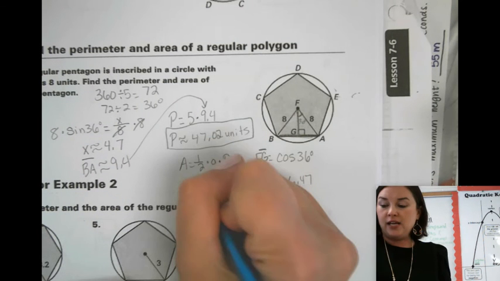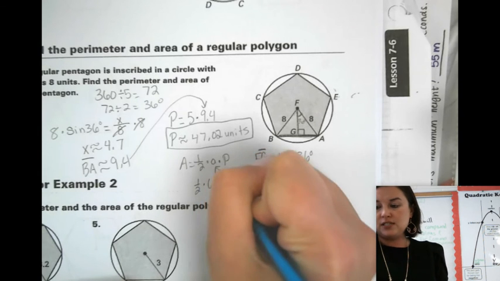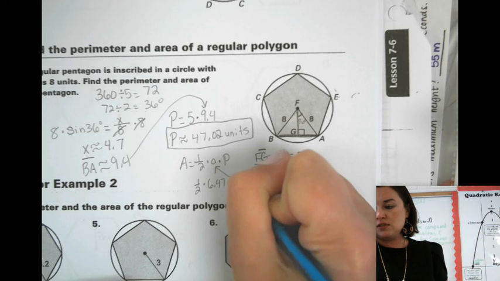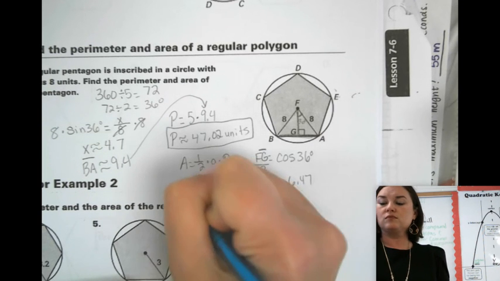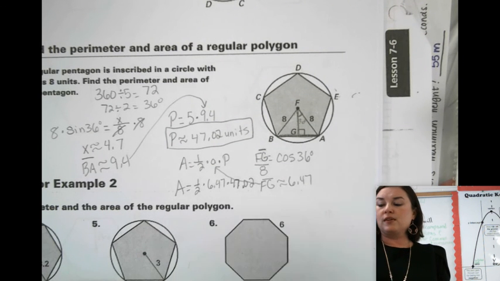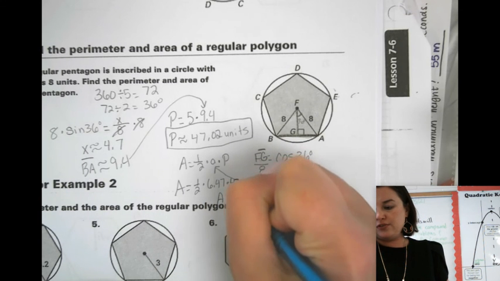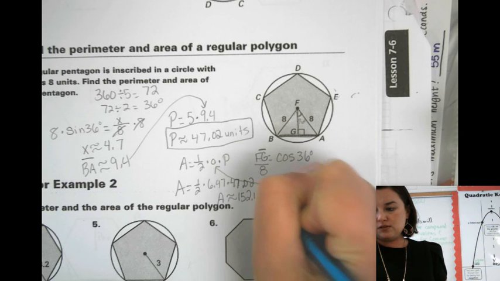So I'd say 1/2 times 6.47 times the perimeter, which is 47.02. So 0.5 times 6.47 times 47.02. Area is approximately 152.1 square units.